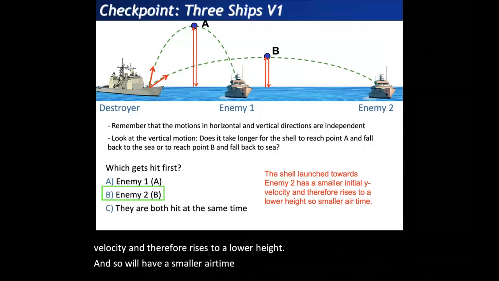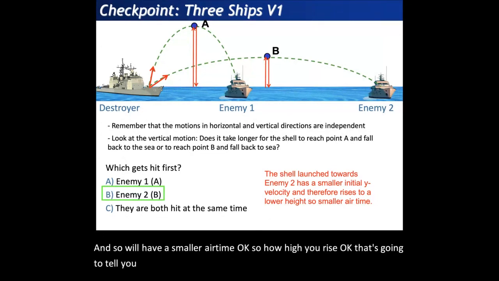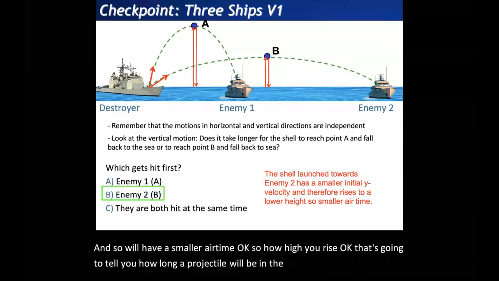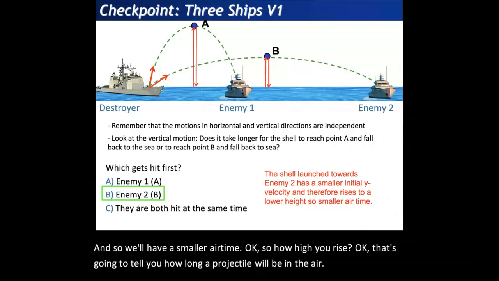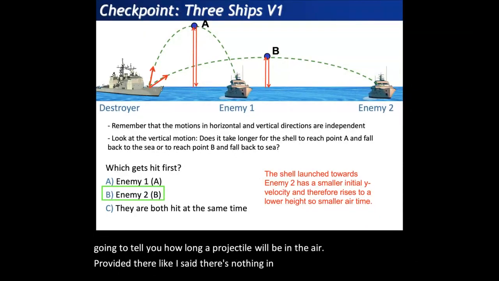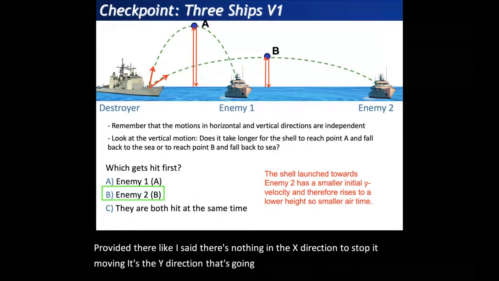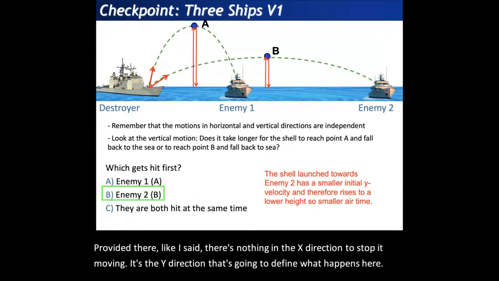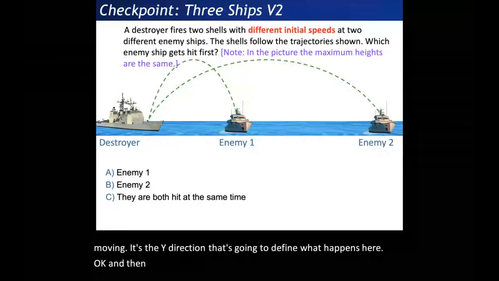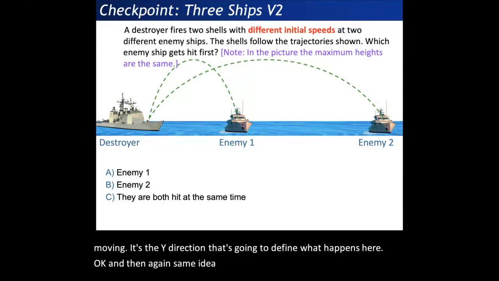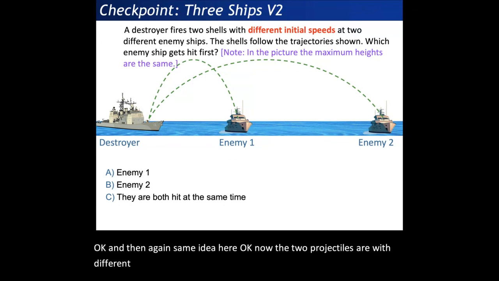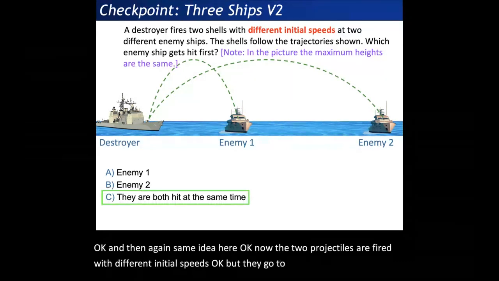How high you rise tells you how long a projectile will be in the air, provided, like I said, there's nothing in the x direction to stop it moving. Then it's the y direction that defines what happens. Same idea here: now the 2 projectiles are fired with different initial speeds, but they go to the same height.